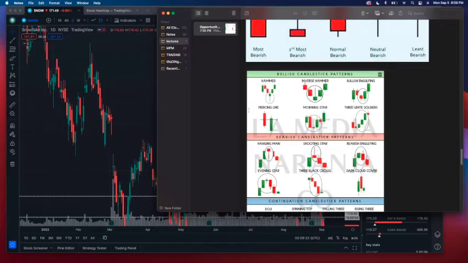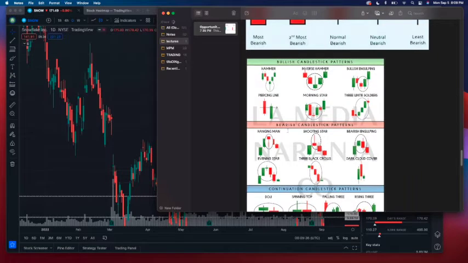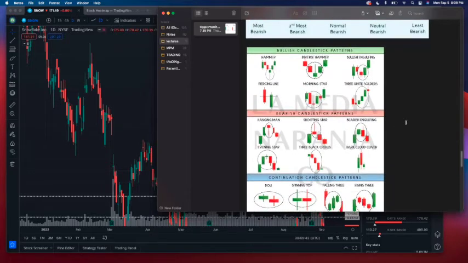Okay, cool. So basically, sellers push it down, buyers bought it right back up, and that's an extremely bullish sign in my opinion. This is considered an inverted hammer. All of these patterns, you'll be able to find by just Googling candlestick patterns.